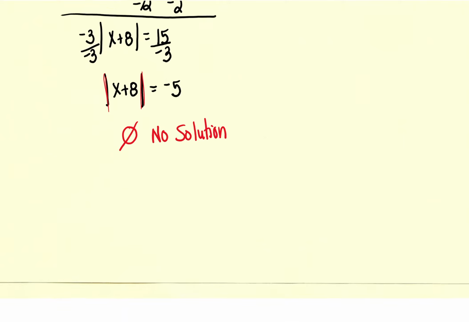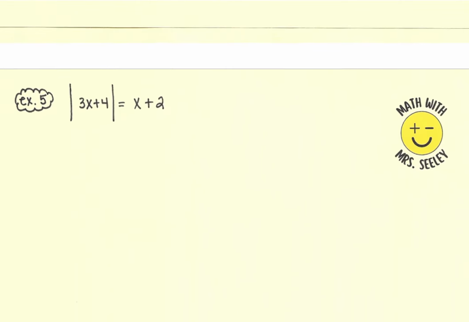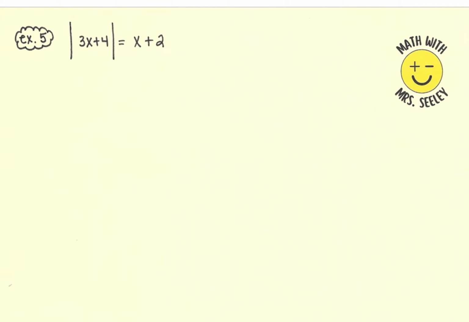All right, number 5. On this type right here, notice that we have variables on both sides. When you have variables on both sides, that means that you have to check your answers.